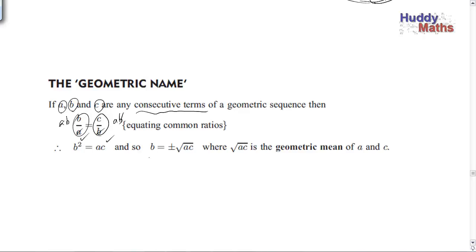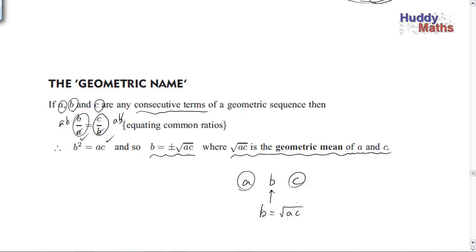And so B is plus or minus the root of AC. I don't know whether you've ever had this, but the root of AC is the geometric mean. Geometric mean is when you find the square root of the product. So now the term in the middle here is the geometric mean of these two. So B is the square root of the product of the two next to them on either side.